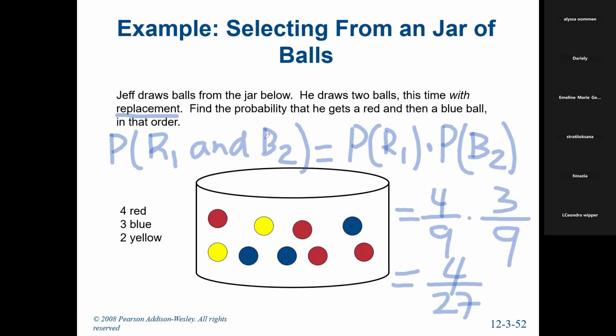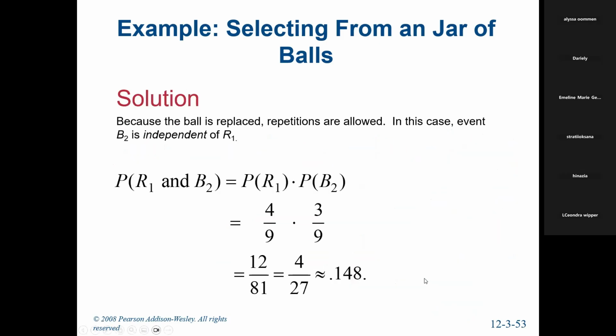The 2 events are independent. Is this clear? Let me show you the solution. Because the ball is replaced, repetition is allowed. In this case, event B2 is independent of R1.